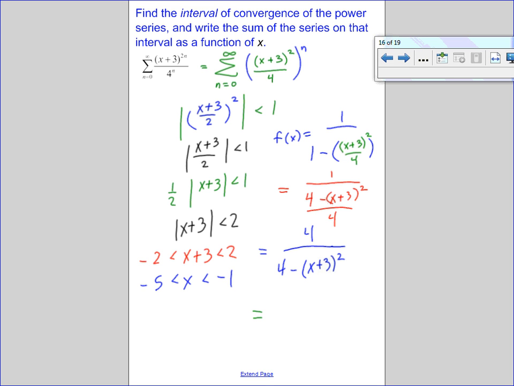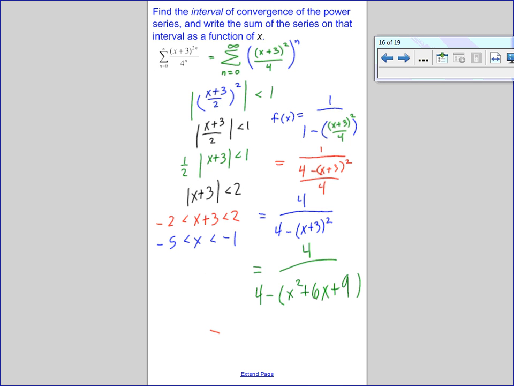We're going to have to expand that, aren't we? Expanding the binomial produces x squared plus 6x plus 9. And lastly, combining like terms, we get negative x squared minus 6x minus 5.